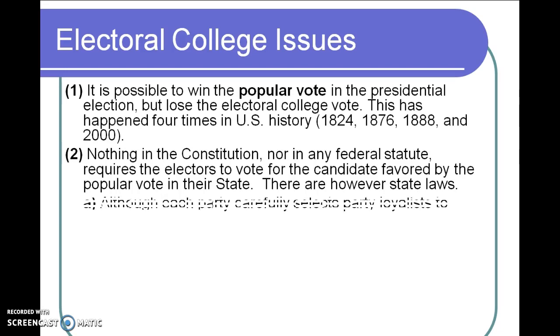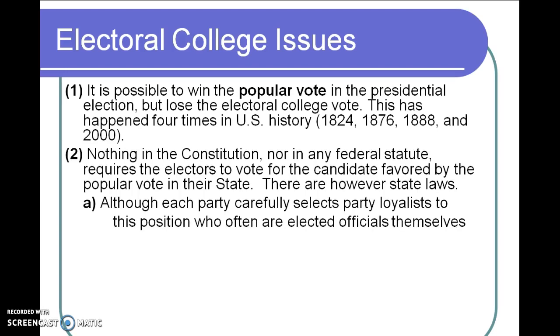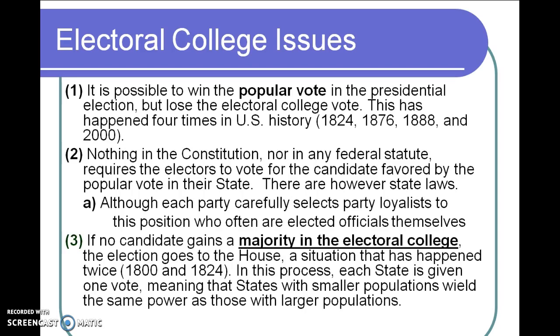But you need to understand that the party chooses the electors for their state, and so the people that are chosen to be electors are hardcore party loyalists that are often elected officials themselves, and it would be political suicide to cross party lines. So it doesn't happen very often.